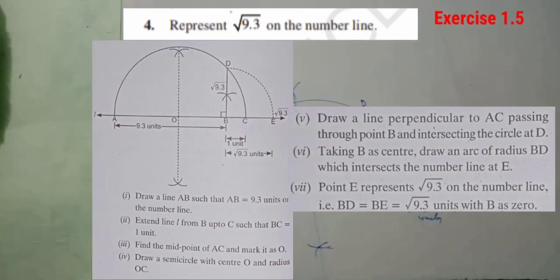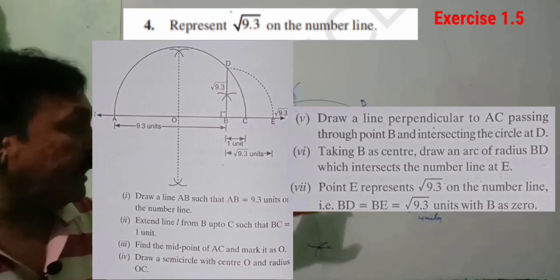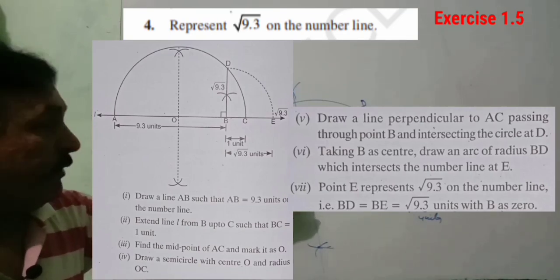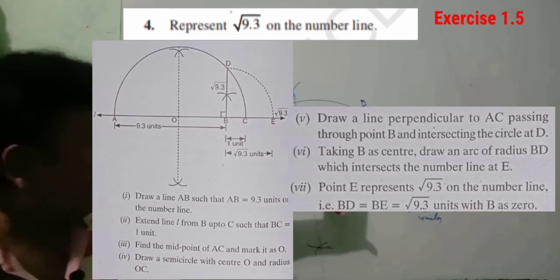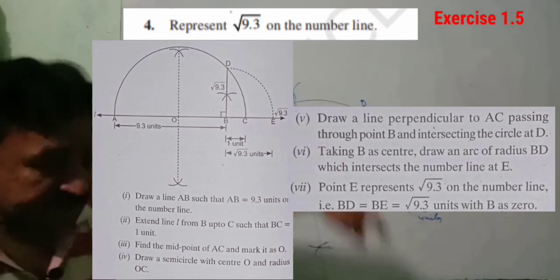In part 4, draw a semicircle with center O and radius OC. I had told you that we have to make one semicircle, and in this case we will take O as center, and OA, or we can say OC, can be the radius. So we will make one semicircle.